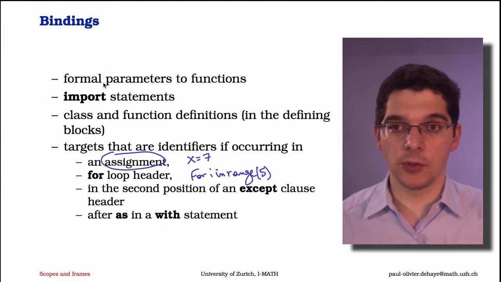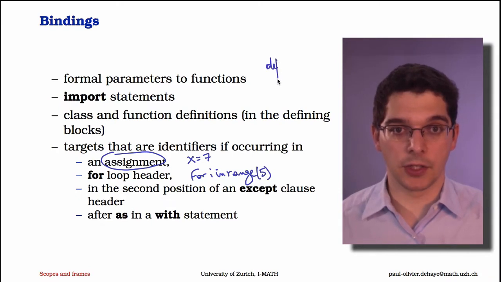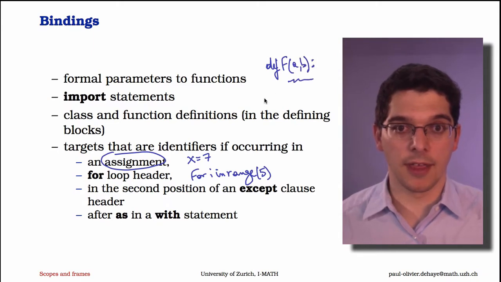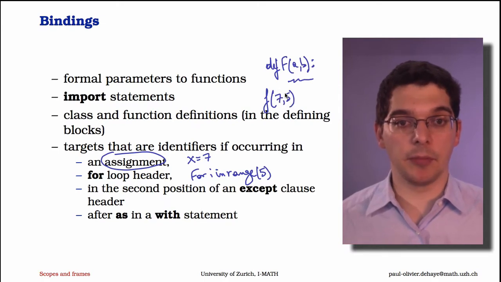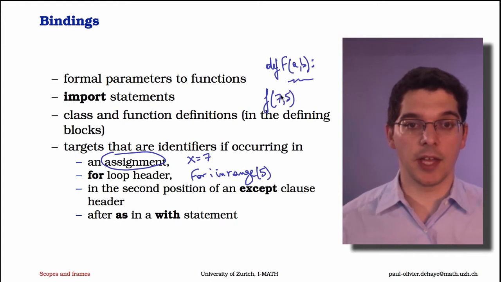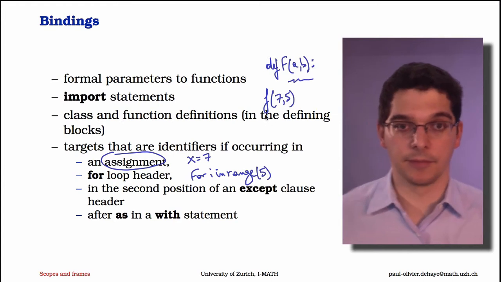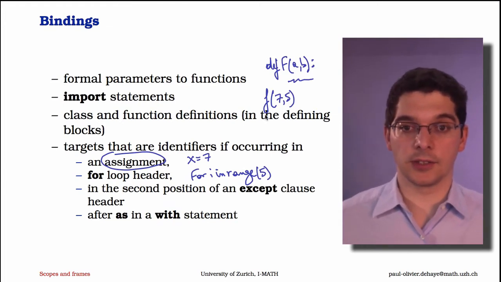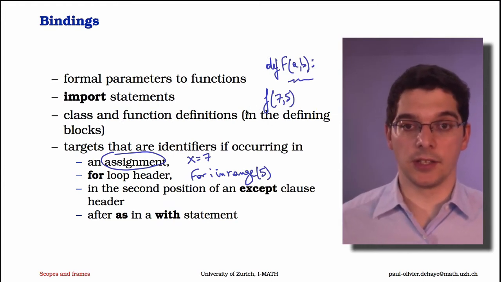If you use formal parameters to functions, so if you have somewhere a definition of f(a, b), and you have some code here, if later on you do f(7, 5), you're effectively binding within the block of f the name a to the object 7 and the name b to the object 5. So all this we can already understand.